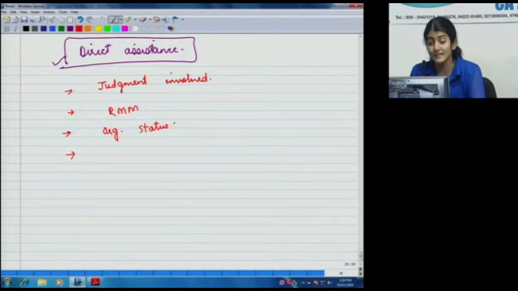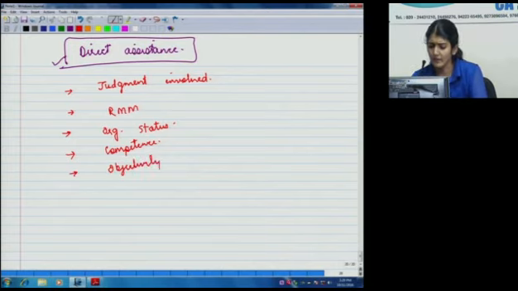So the organizational status, then the competence of the internal auditors, and also the objectivity. Suppose these internal auditors are very biased. They always listen to what management is telling. They are not objective. So again, you will decide no direct assistance, I will do the work on my own only.